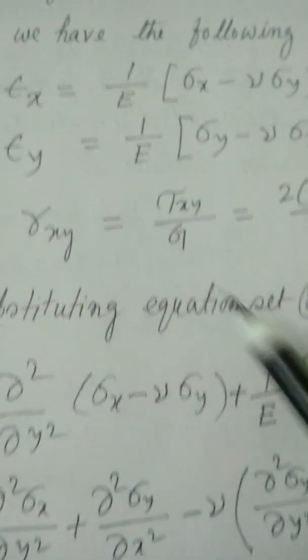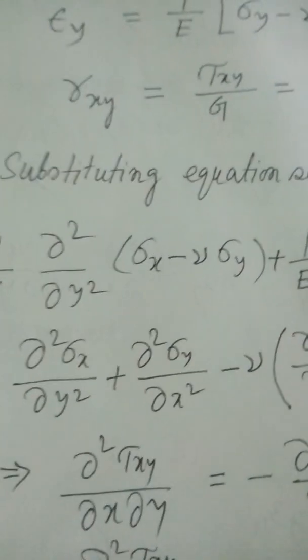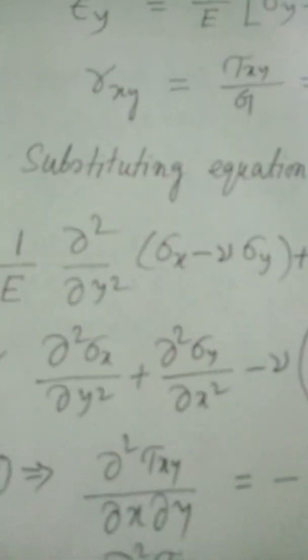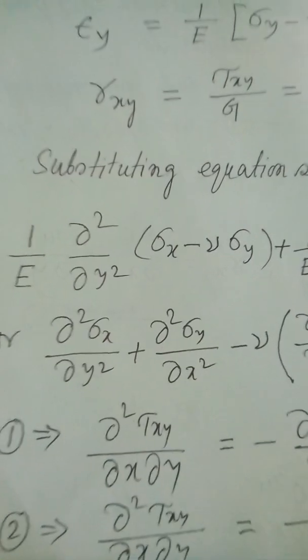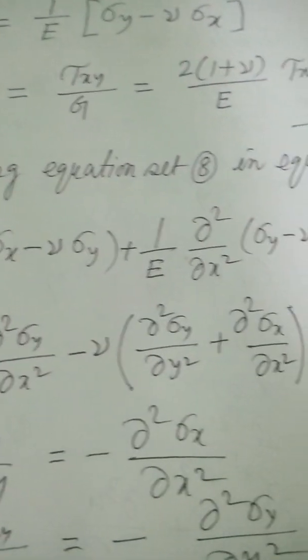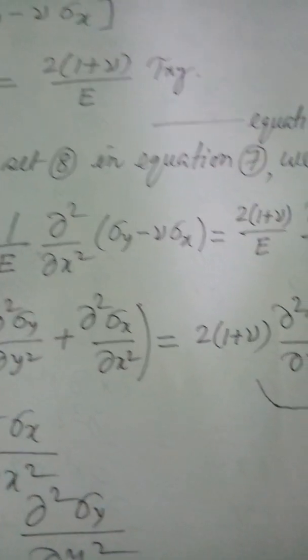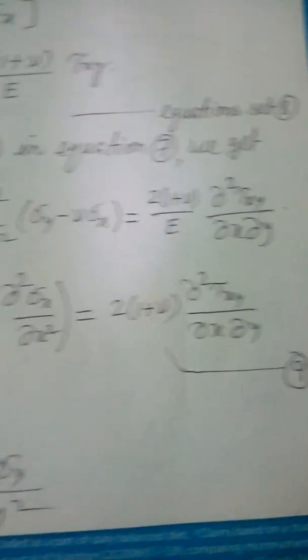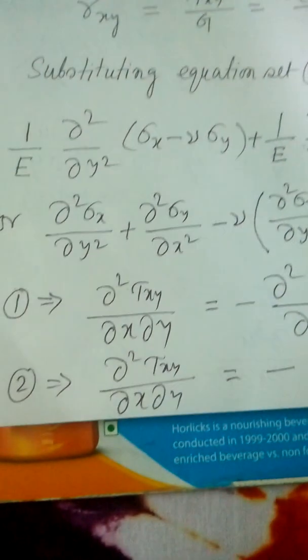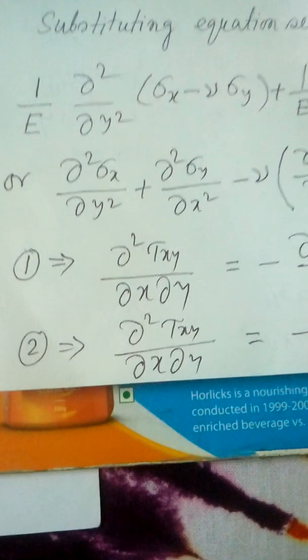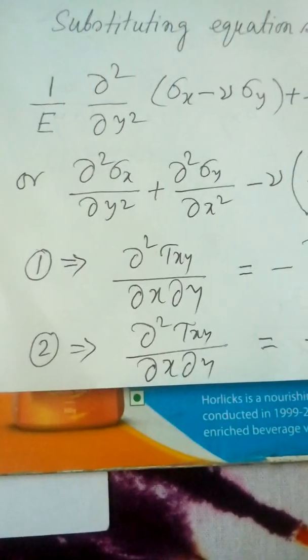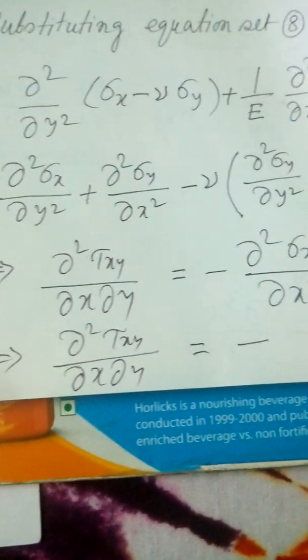This equation set is number 8, these 3 equations. Substituting equation set 8 in equation 7, we get this one. This is just a substitution, nothing to worry about. If you do it algebraically, you will get it.